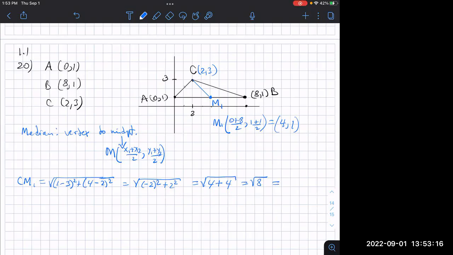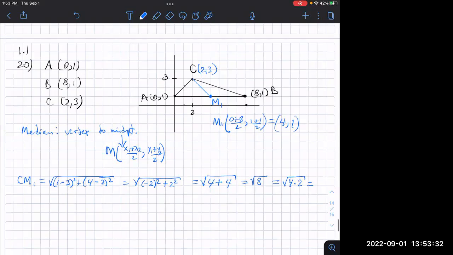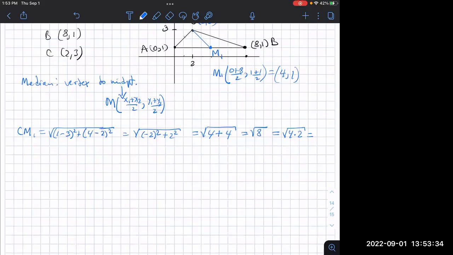Can we simplify the square root of 8? What times what gives you 8? 4 times 2. And that's a good one because 4 is a perfect square. So the square root of 4 times 2 becomes 2 square root of 2, because the only perfect square is the 4.